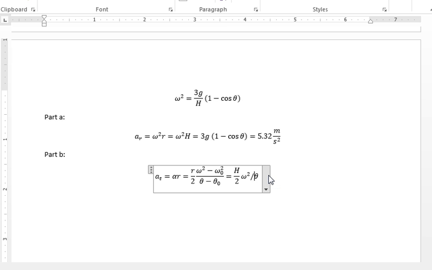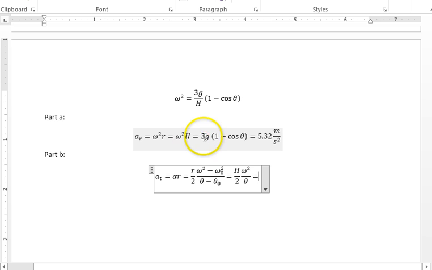The only thing we need to make sure we do here is that theta is in radians.